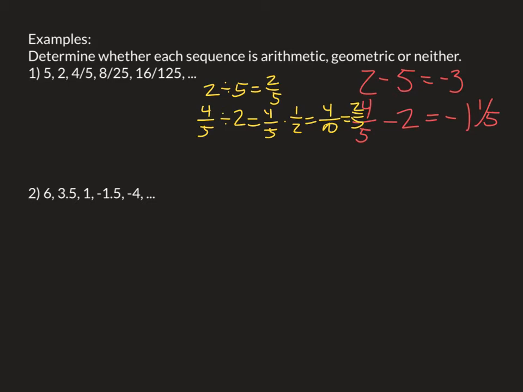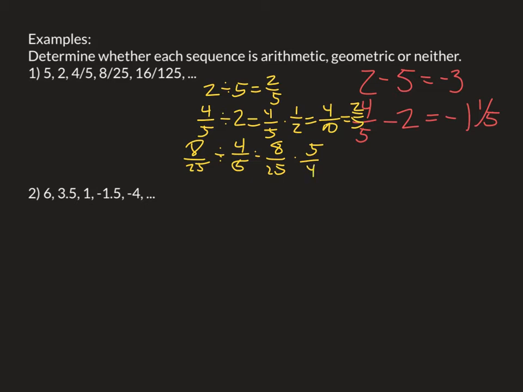Promising. Let's see if that pattern continues. If we take 8/25 divided by the previous number 4/5, just like two negatives make a positive, two divides mean a multiply. So we're looking at 8/25. We have a divide by 5, so that means we multiply by 5, but we're still dividing by the 4.